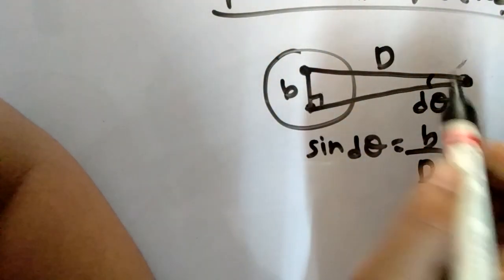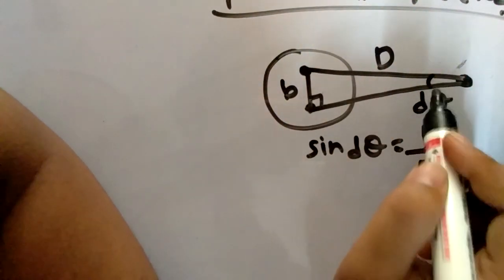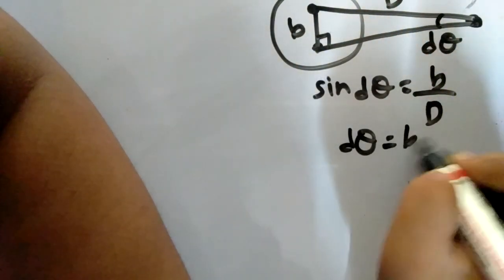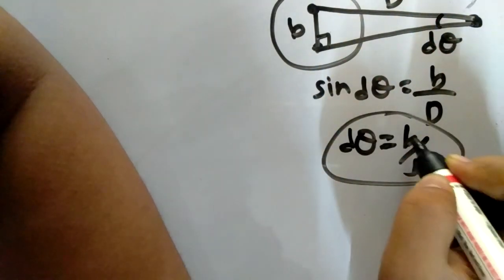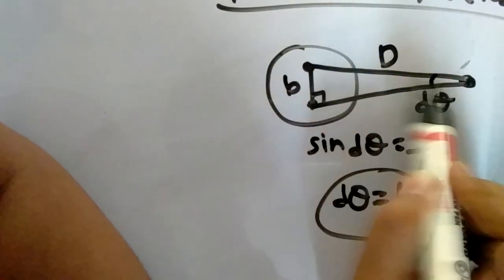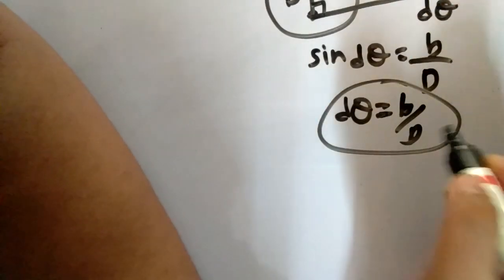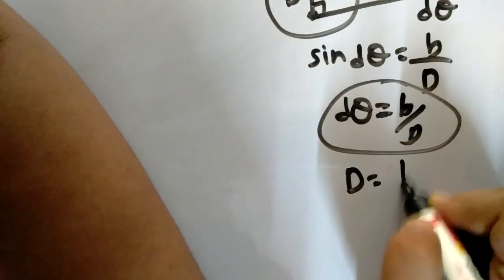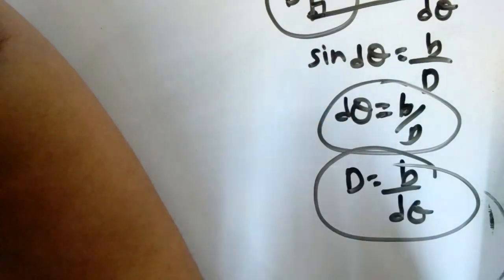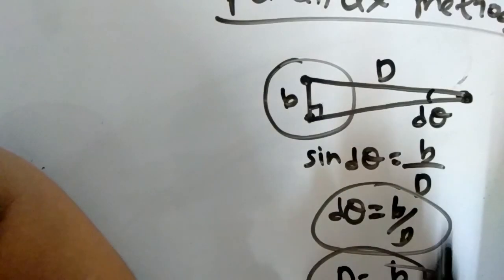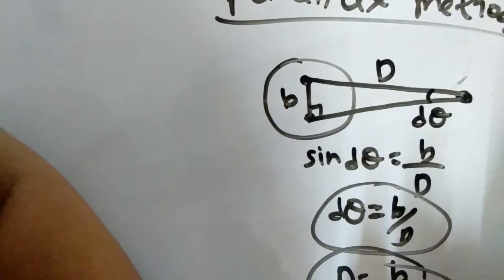So sine of d theta is B by D. Now this angle is very small, so sine theta will be theta, which is B by D. We want to find out D, the distance between Earth and that planet. So for finding D, we write D equals B by d theta. This is the distance between Earth and that planet or star.